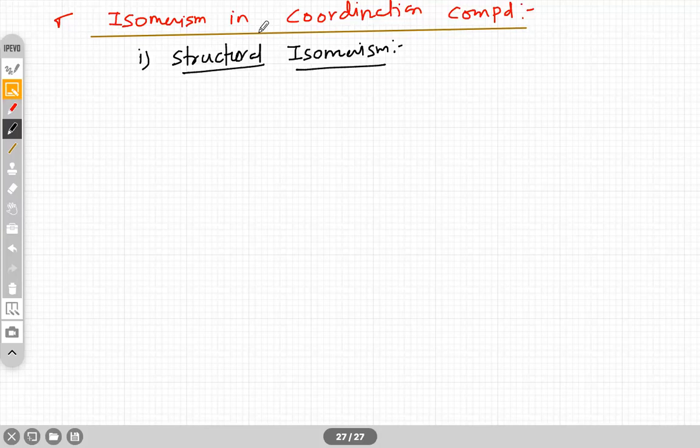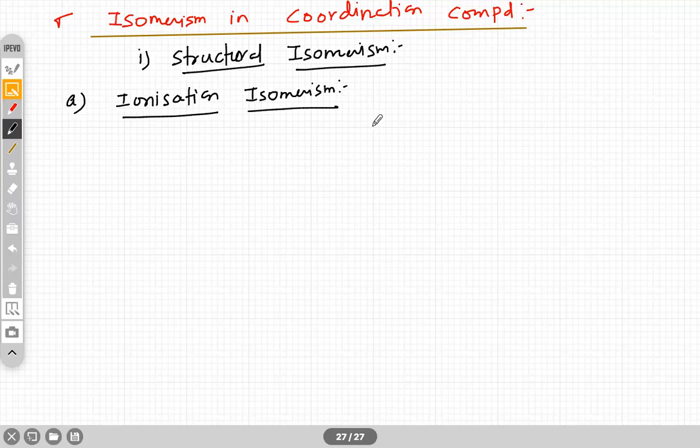Okay. So the first type of structural isomerism we call ionization isomerism. Definition, write down. Very simple definition.